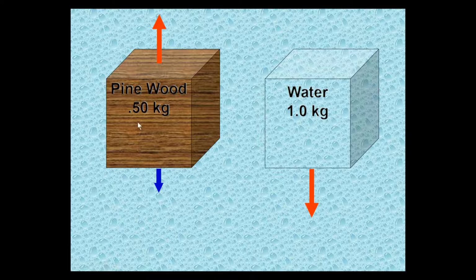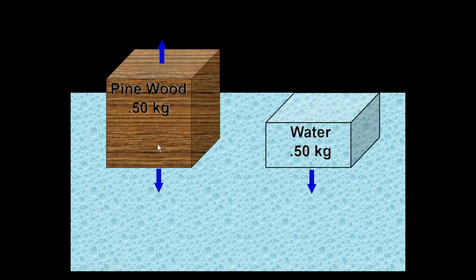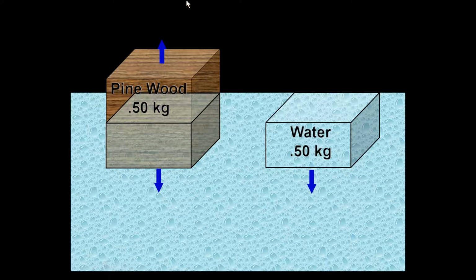So if I had pine that would, when it's completely submerged, displace a full liter of water, the buoyant force would be 9.8 newtons, and then it would only weigh half that. So if you let that thing shoot to the surface and float, it only has to displace 4.9 newtons or 0.5 kilograms of water to have the buoyant force equal to the weight of the pine wood itself, because this much water weighs just as much as that much pine wood.